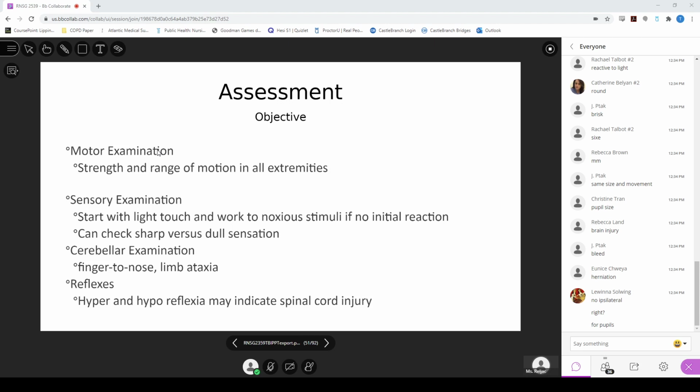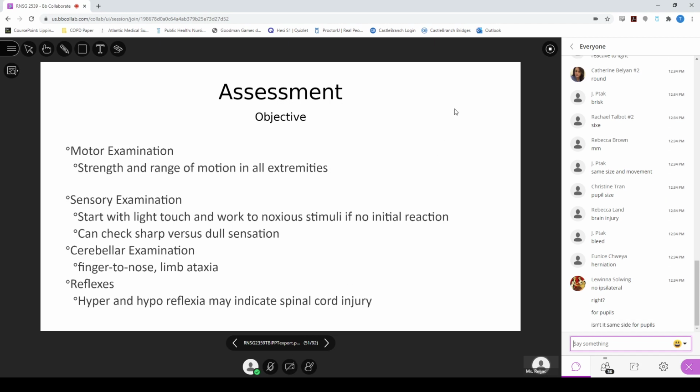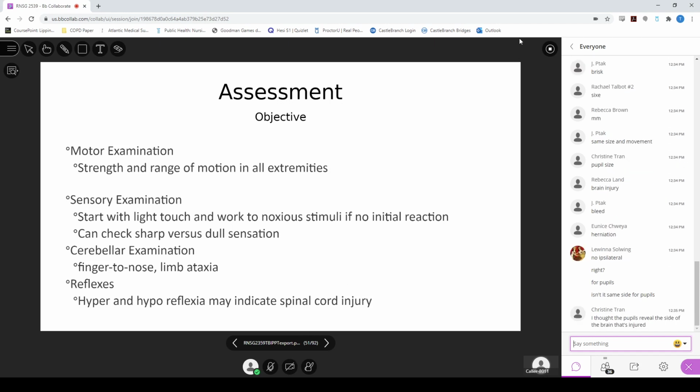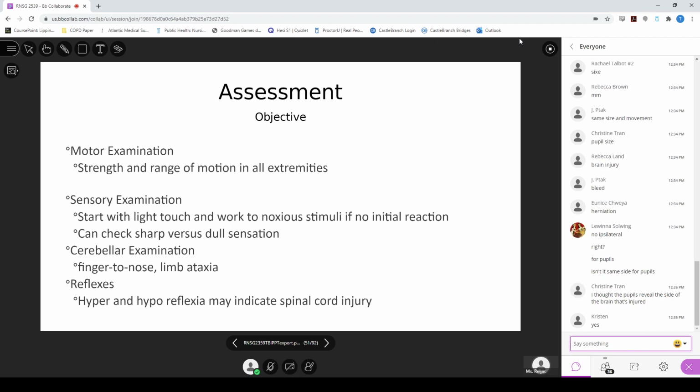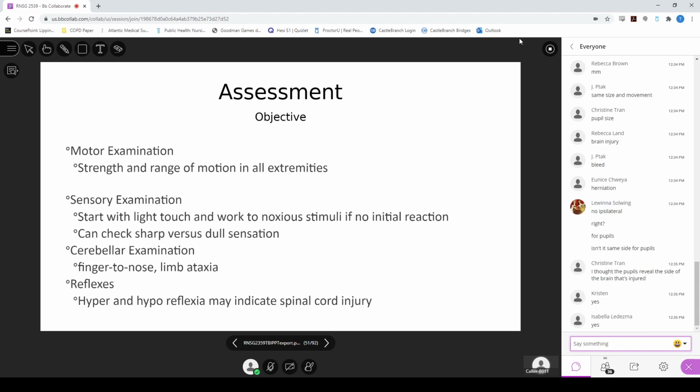Ipsilateral is same side. So if they're right side and it was happening to the right pupil, that's ipsilateral. Pupils reveal that there's damage. It depends on where it's at.